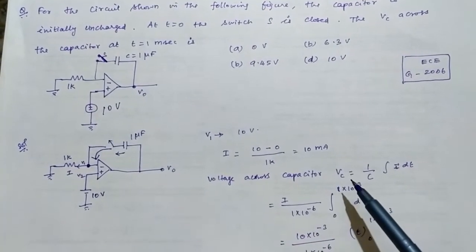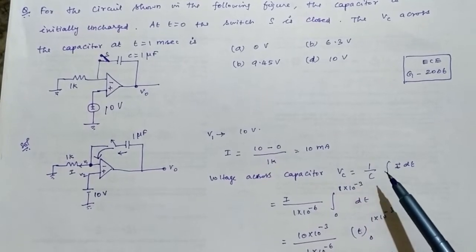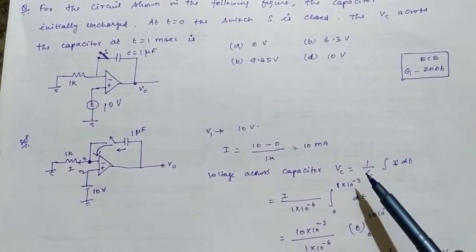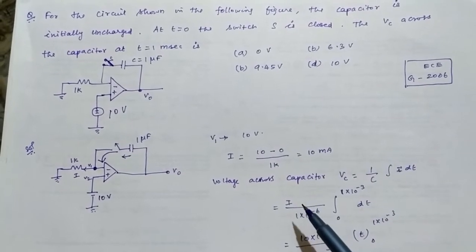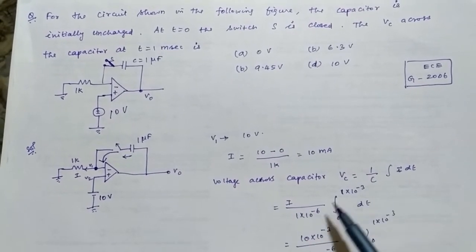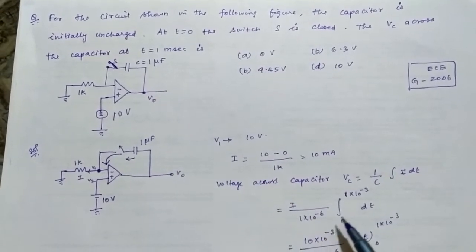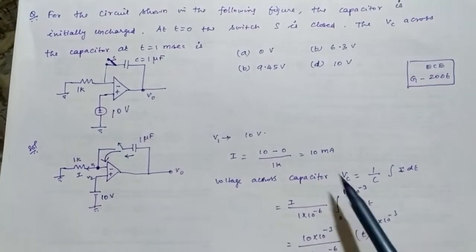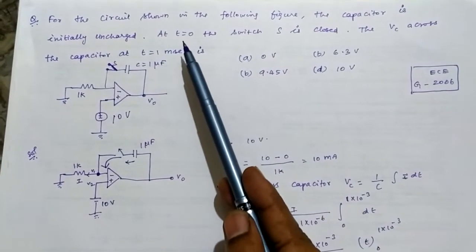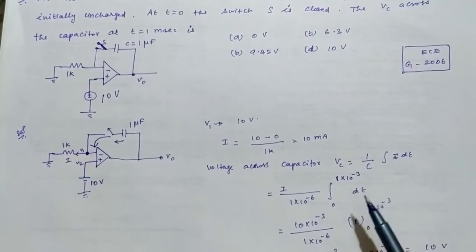We know the formula for the voltage across a capacitor is 1 over C times the integration of the current. The current I we can take outside, and the capacitor value is given as 1 microfarad, so 1 into 10 power minus 6, dt. When we integrate, the time is given from 0 to 1 millisecond, so the limit is 0 to 1 millisecond.